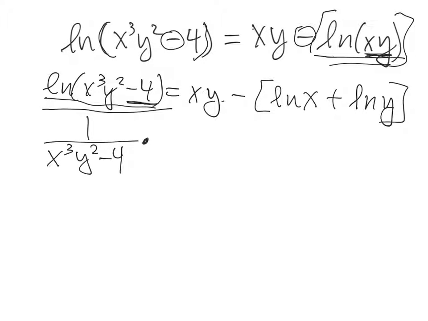Well, make things a little easier. Derivative of the 4 is 0. So we're really focusing on derivative of x cubed y squared. And that will be a product. So we've got to make sure we multiply that whole thing by the fraction out in front of it.